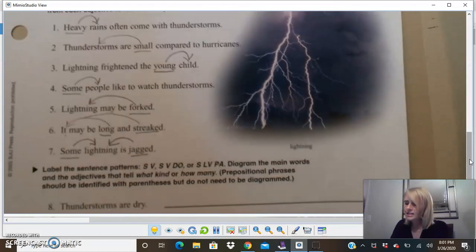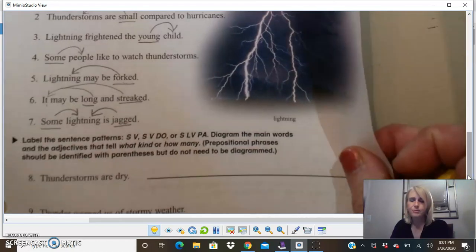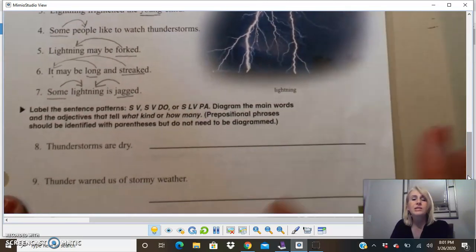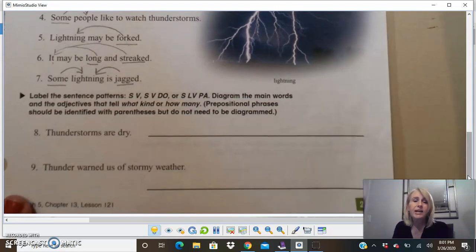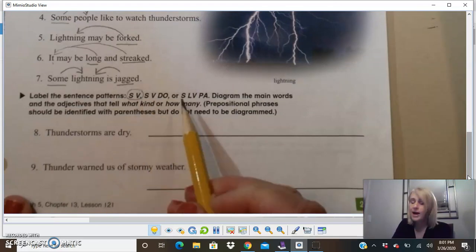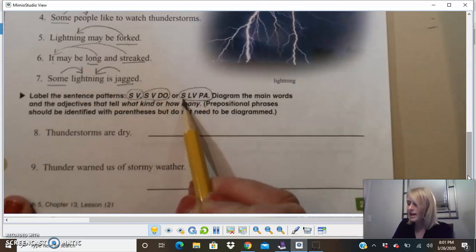And let's go to number 8. Okay, let me scroll this. I guess I need to pull it up a little bit. So this looks familiar, like what was on your test yesterday, with the sentence patterns: an SV pattern, an SVDO, an SLVPA.